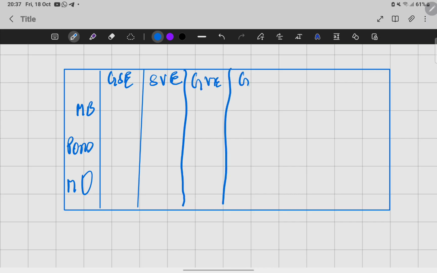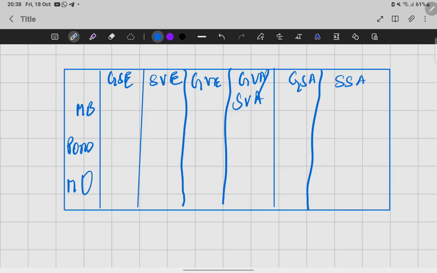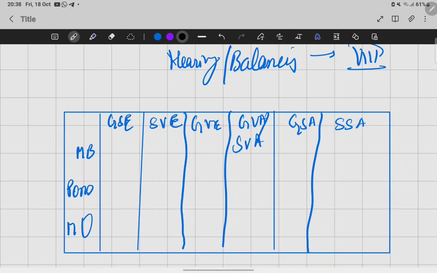Then GVA, general visceral afferent, which is the same as special visceral afferent. Then general somatic afferent, then special somatic afferent. Remember the nerves supplied by this: third, fourth, sixth, and 12.